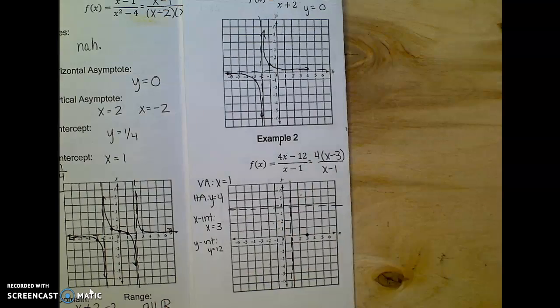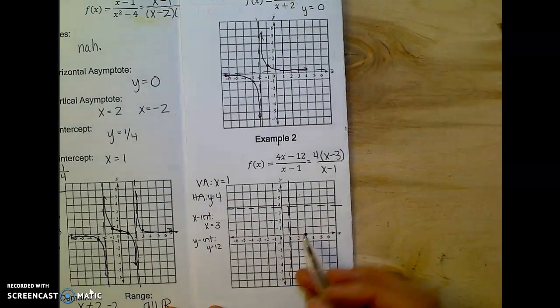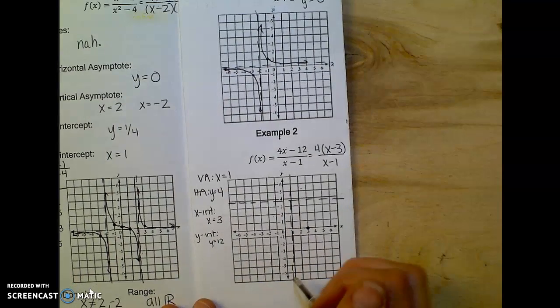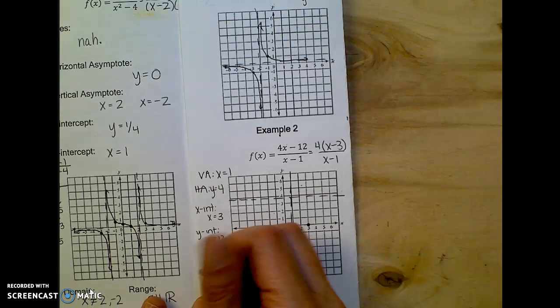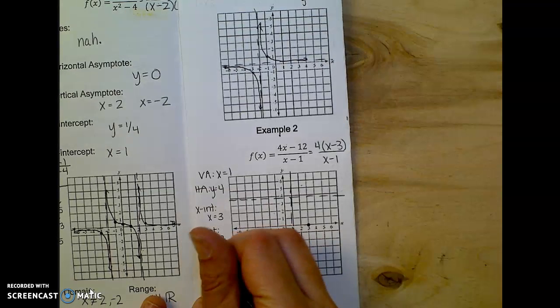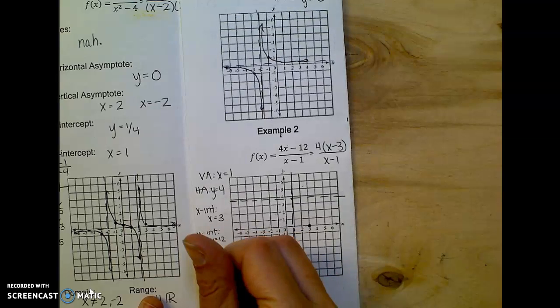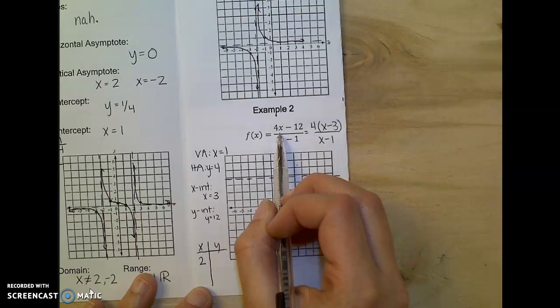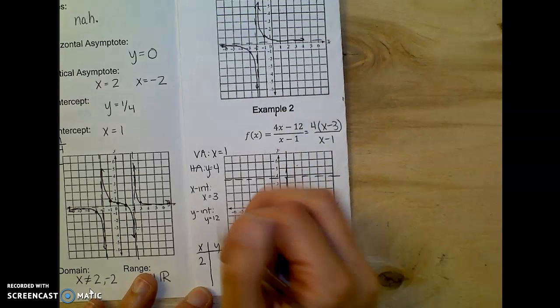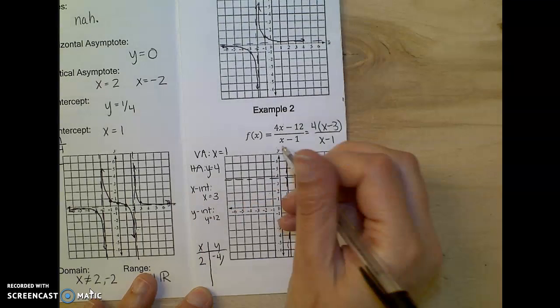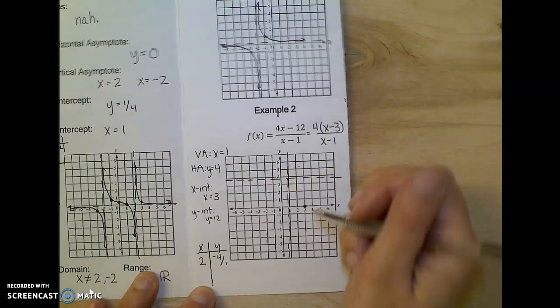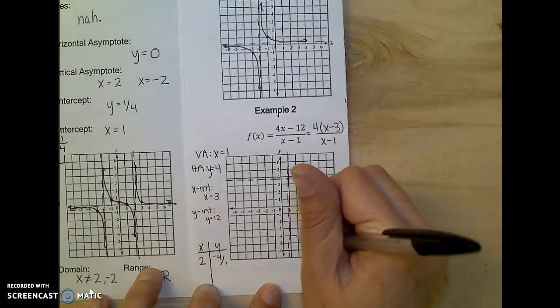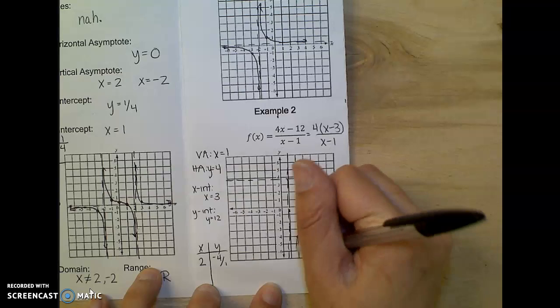And so like I could plug in 2, and I bet you're going to get a real small number, like probably a negative number. So if I plug in 2, I'm going to have 8 minus 12, so -4, over 1. -4, that's right. And so I can graph that.